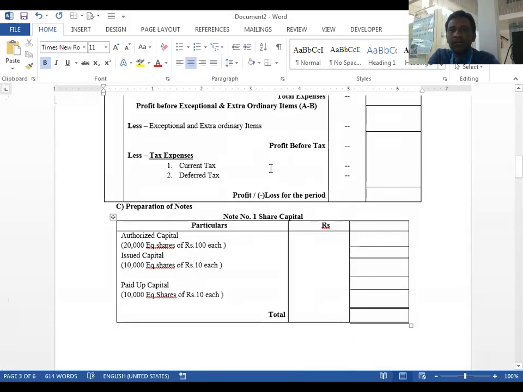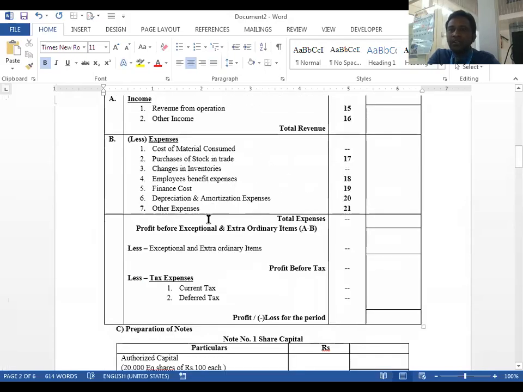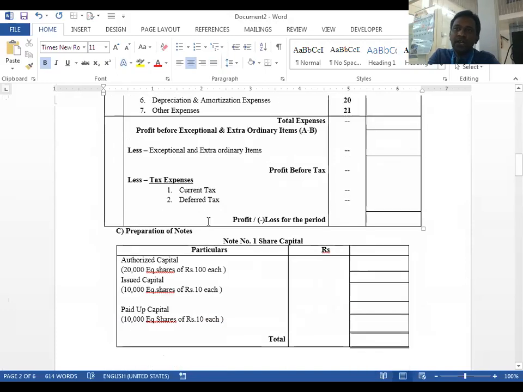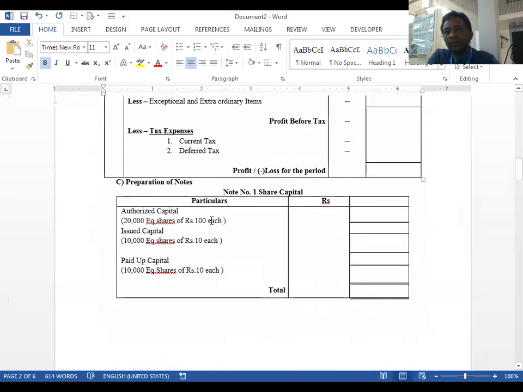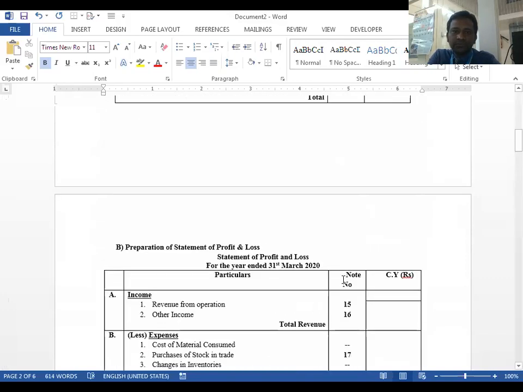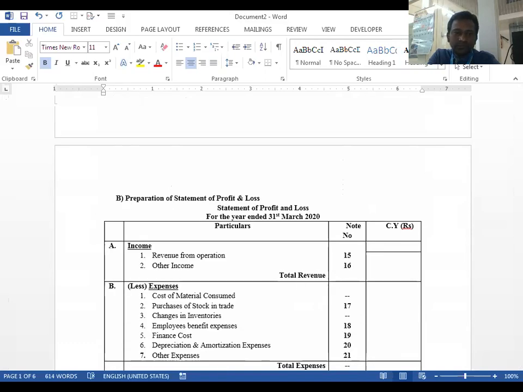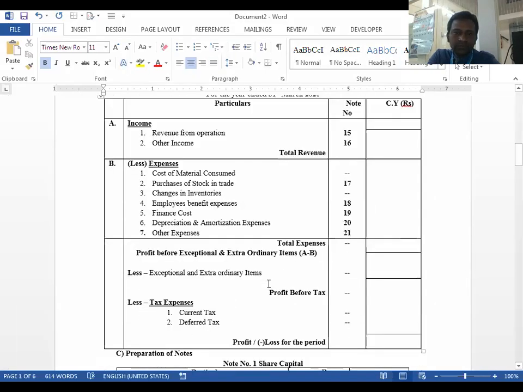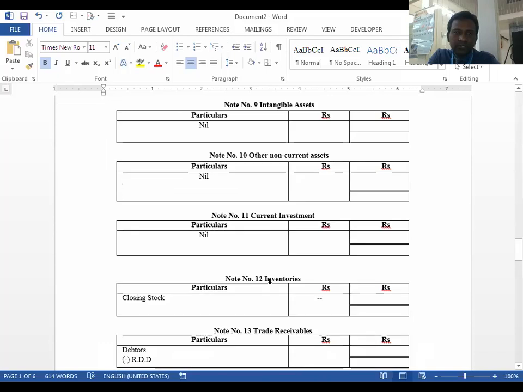Similarly, the 14 notes of the balance sheet are divided into 7 notes related with the liabilities and 7 notes related with the assets. So these are the notes.